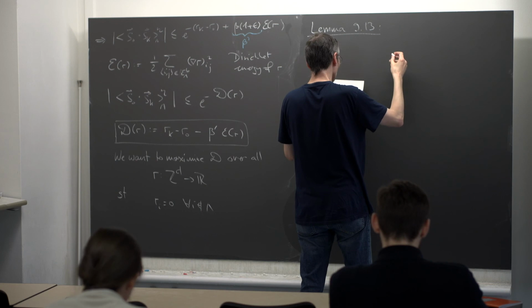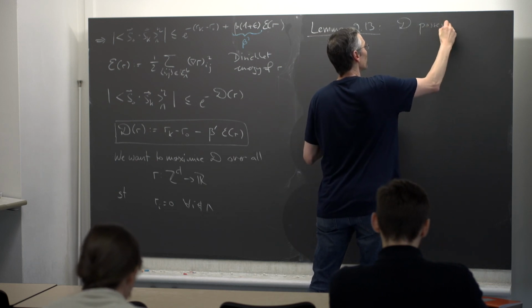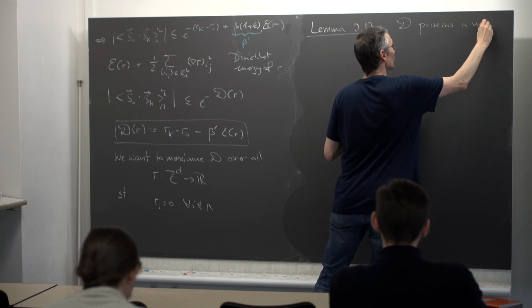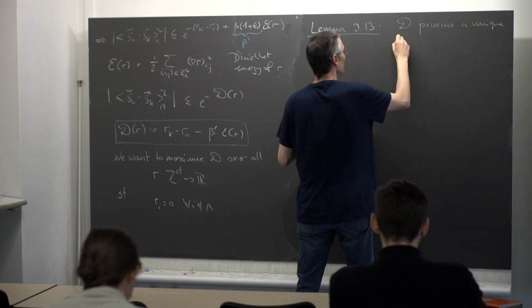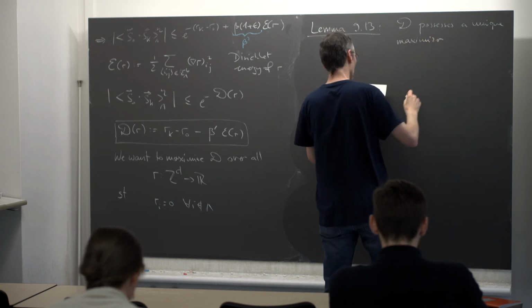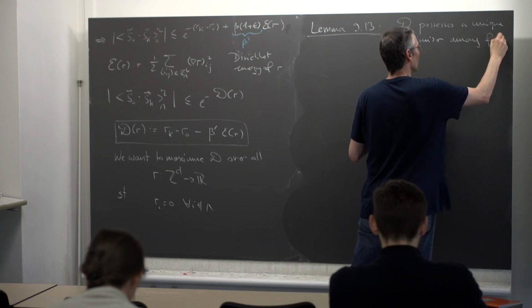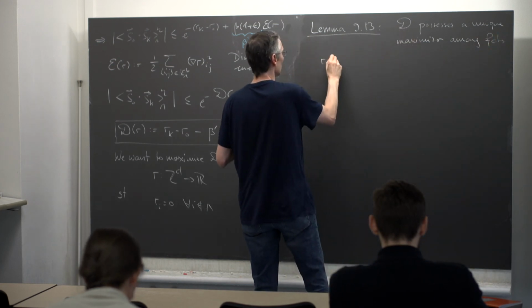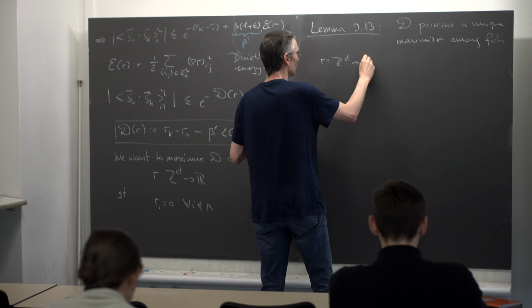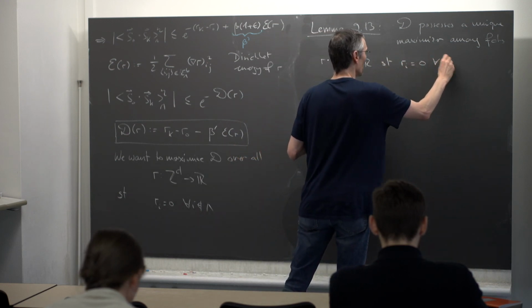D possesses a unique maximizer among functions R from Z^d to R such that R_i is equal to 0 outside the box lambda.